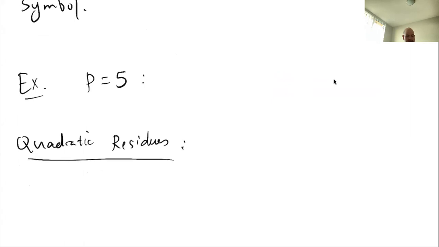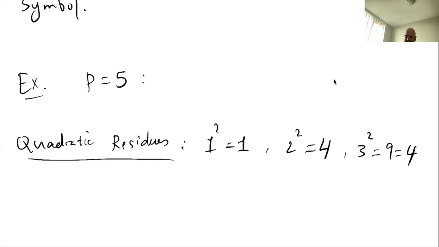We said we exclude 0, but other than 0, 1 squared is a quadratic residue because it is of the form b squared, and 1 squared is, of course, 1. What else do we have? 2 squared is 4. We also have 3 squared, which is 9. But 9 is the same as 4, right? Because we are in Z5.